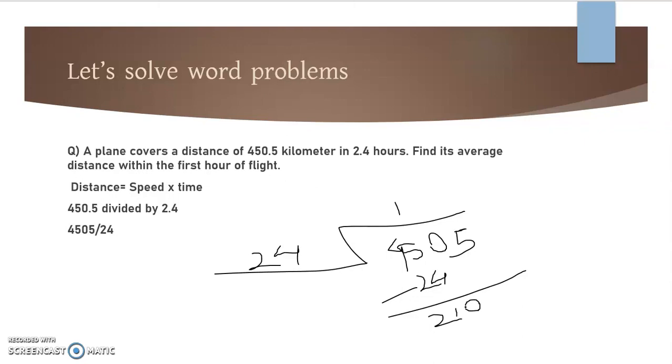24 into 9 is 18. Okay. 18, 8 over here. 8 into 24 would be around 192. 210 minus 192 is around 18. 5 comes below. 187. 7 into 24, 24 into 7 would be 14, and 168.